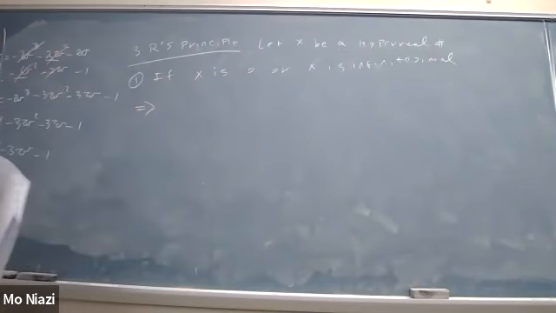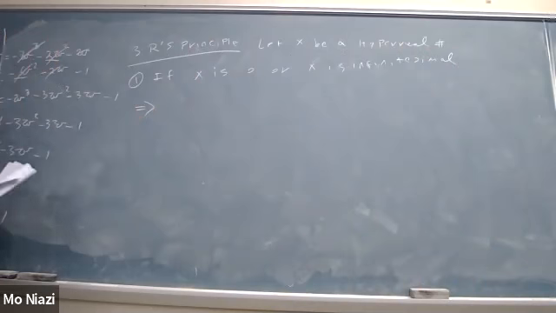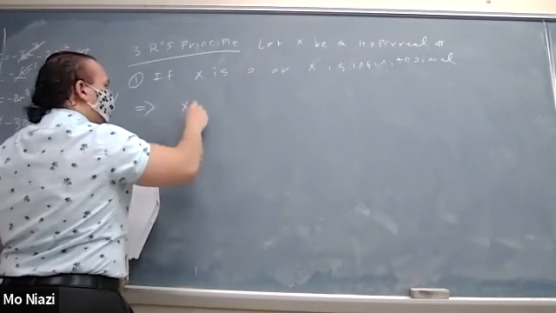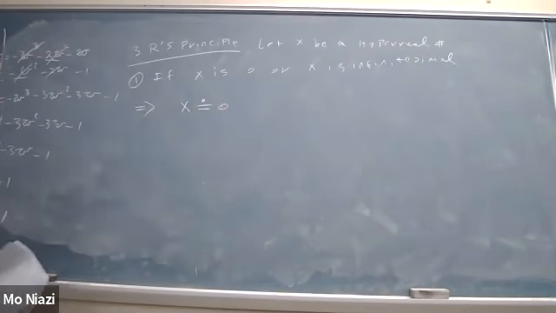This arrow means this is what the implication is. If this, then it implies this happens. We say that X renders the real result 0.